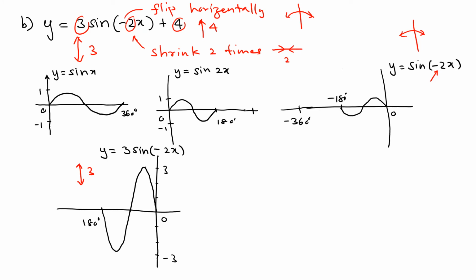Okay, now finally what we can do, we can lift this graph up by 4 units, so the whole graph moves up. So what we normally do is we're going to see what are those corners, because you need to move the axis now, because you can see all the numbers are going to go up. So 3 is going to go to 3 plus 4, 7. Negative 3 is going to go to negative 3 plus 4, which means 1.